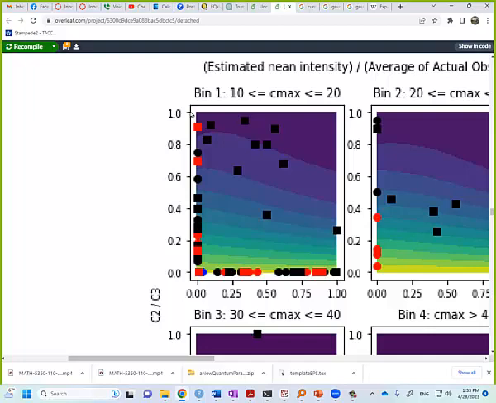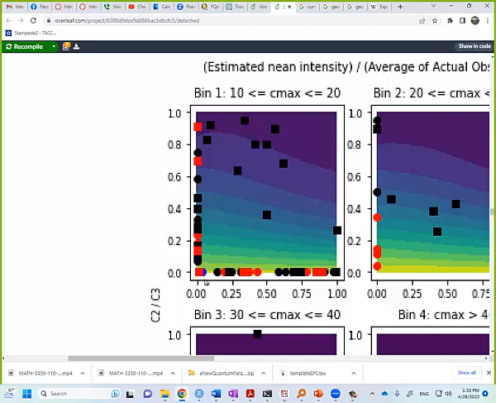So what we do instead is take the lowest count and divide it by the middle count. And that gives a number between 0 and 1. Yeah, it's a proportion.